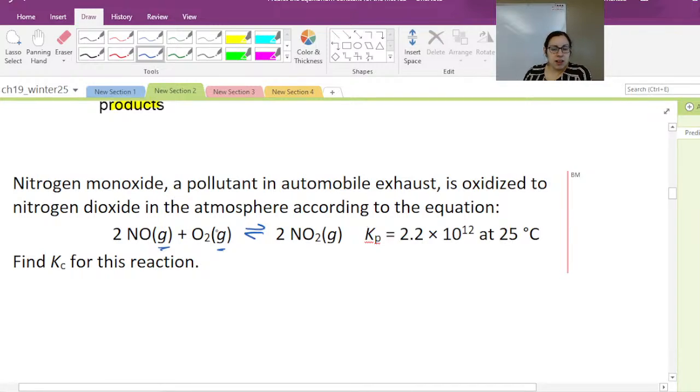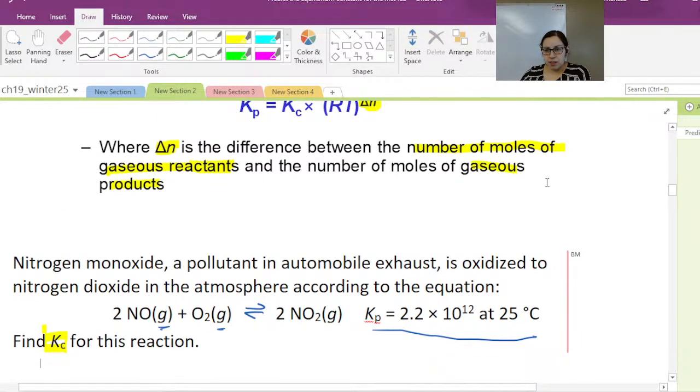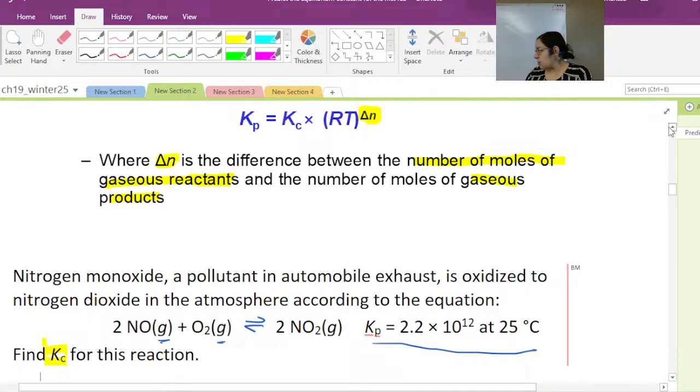It's oxidized to nitrogen dioxide, and then we're given our Kp expression. How can we put it in terms of Kc? I'll scroll back up so you can look at that relationship. Just start off, find your change in moles, and then you can go from there.